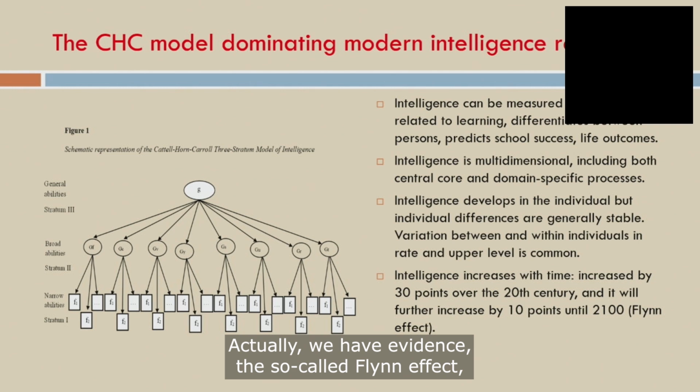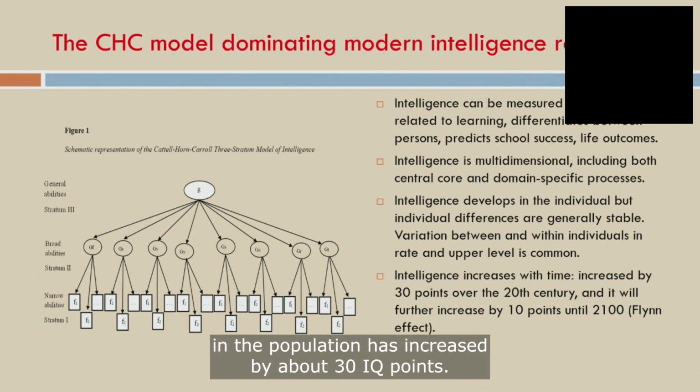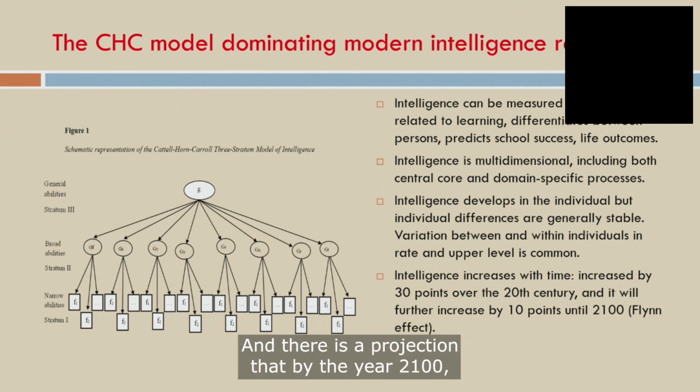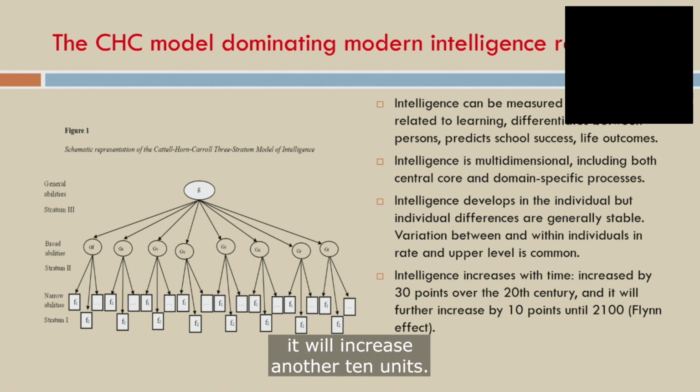Actually, we have evidence, the so-called Flynn effect, that over the 20th century, the average intelligence in the population has increased by about 30 IQ points, and there is a projection that by the year 2100, it will increase another 10 units.